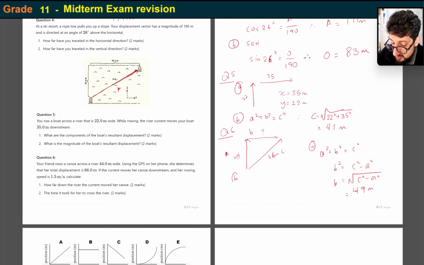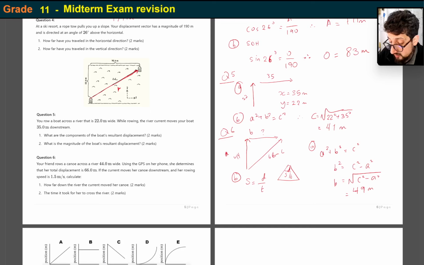Now part B is asking us for the time it took for her to cross the river. Now we know that speed equals distance over time, right? Or if you prefer, we can write it this way: speed, distance, time. Now it's asking for the time. We have the speed.